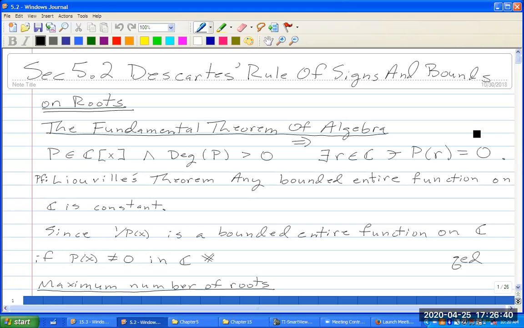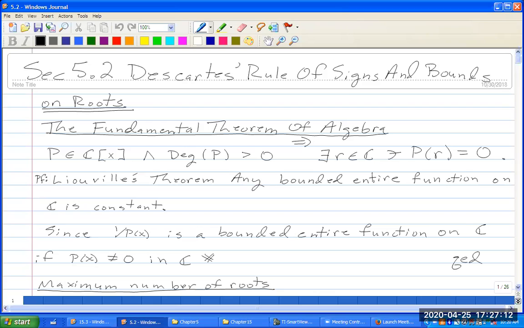And so this says that any non-constant polynomial has a root that is possibly complex. If we extend our field to the field of complex numbers, then we can solve any non-constant polynomial and get that the root is some complex number.